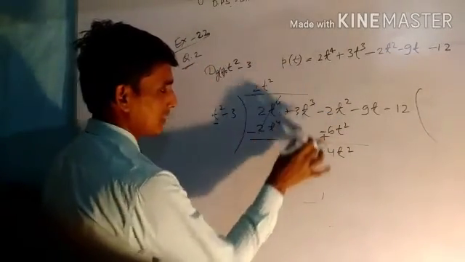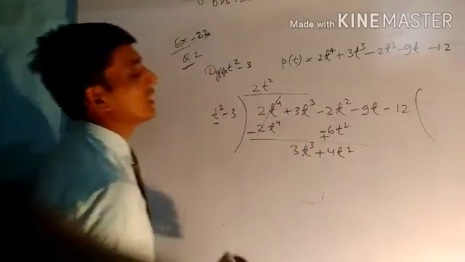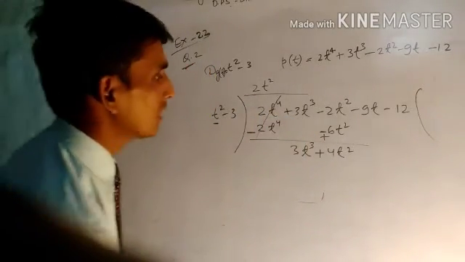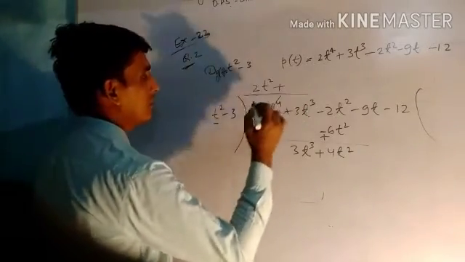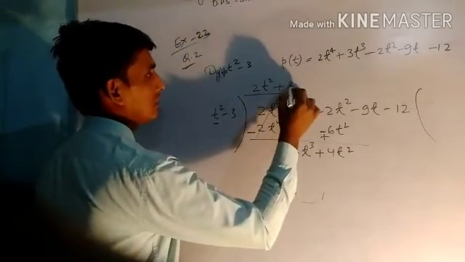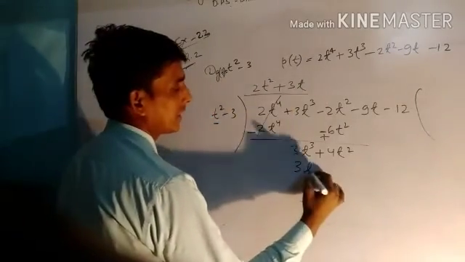Now bring this down also. This will become 3t cube plus 4t square. Now we have to multiply with 3t. If you multiply with 3t, you will get 3t cube.